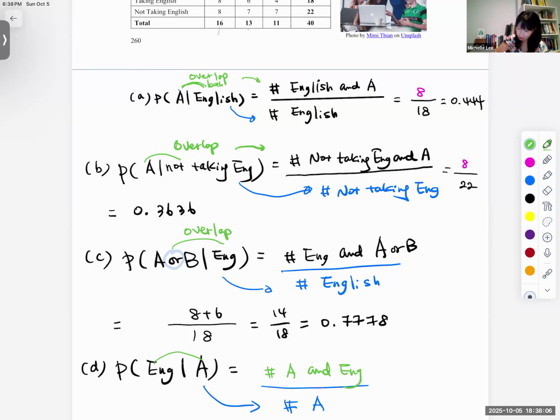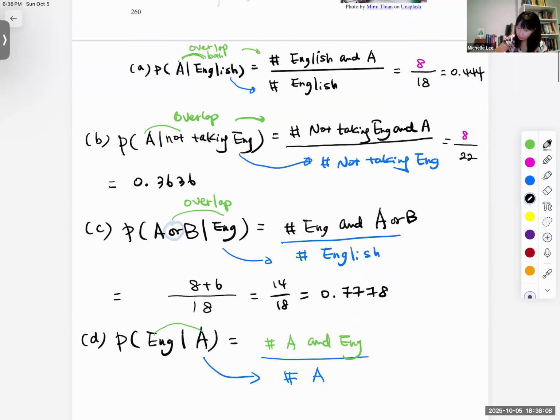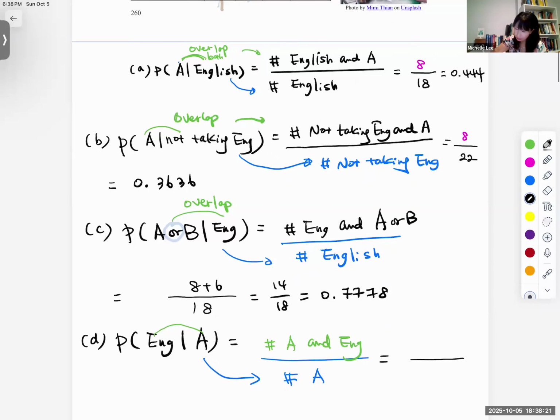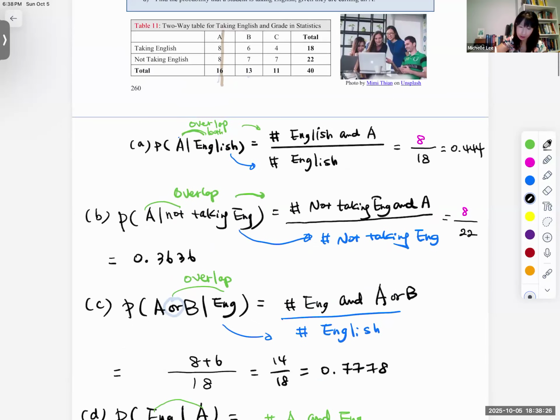Sorry, different color. Okay. So earning A, how many are there? So earning A will be 16. And earning A and taking English, right? So that will be, different color, taking English. So overlap is 8, right?